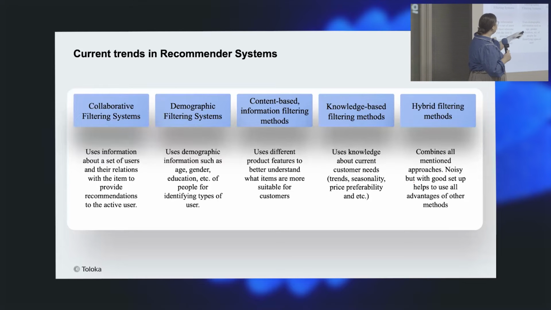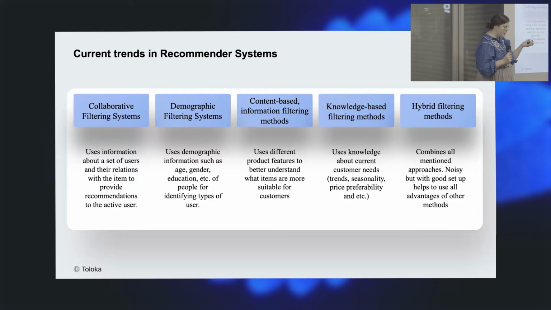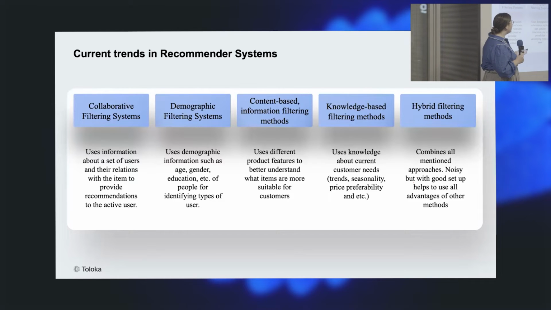Another type of filtering systems is demographic. You try to extract recommendations for different types of demographic strata, like different ages, different genders, education background, and etc. The third one is content-based.